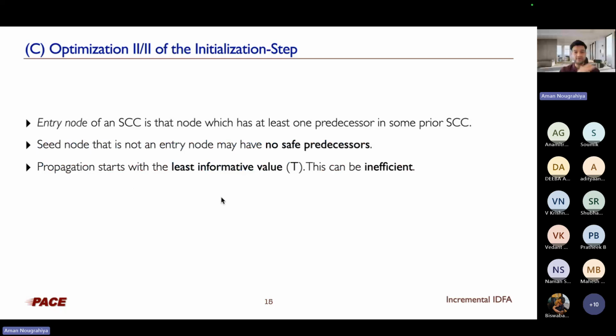In that case, the propagation would start with the least informative value, which can be very inefficient because the farther away we are from the solution in the lattice, the more steps we'll have to take to reach it. That's the logical way to look at it.